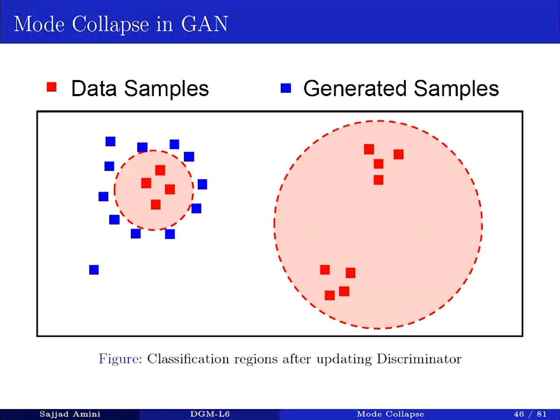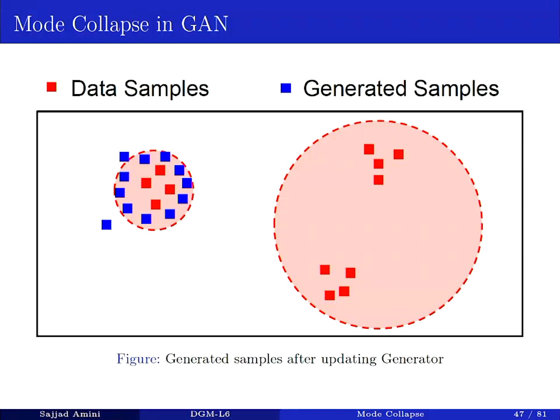So what happens next? I want to update the generator. Again, the generator samples approach the data samples. This is exactly what the loss function is imposing. It imposes that the generative model samples be as near as possible to data samples, so that the discriminator misclassifies them.